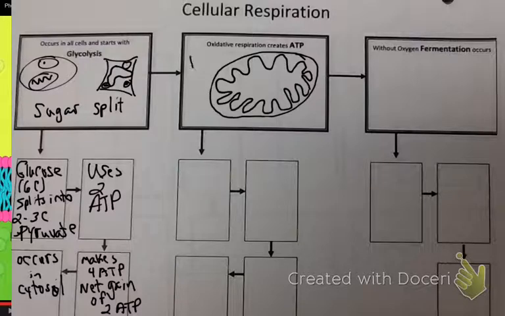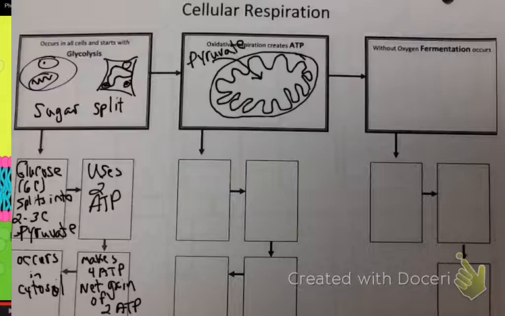So we got 2 pyruvates. And those 2 pyruvates want to go into the club. Yeah, and the club is mitochondria. And so how do they get into the club? They have a secret passage. What do they pull in with them?